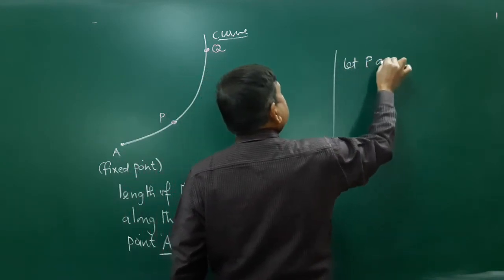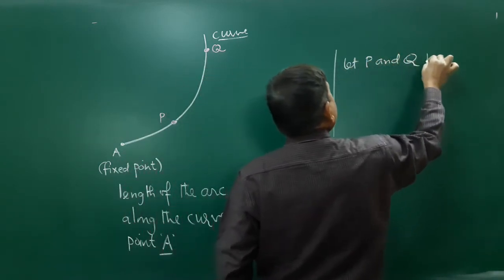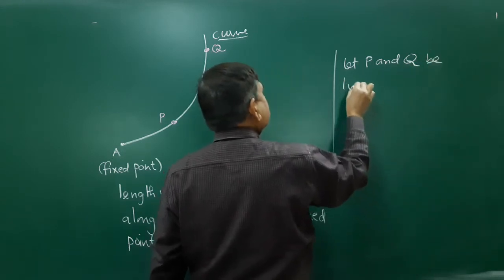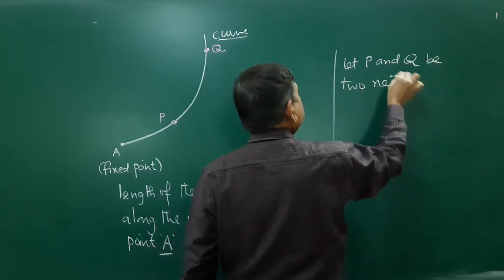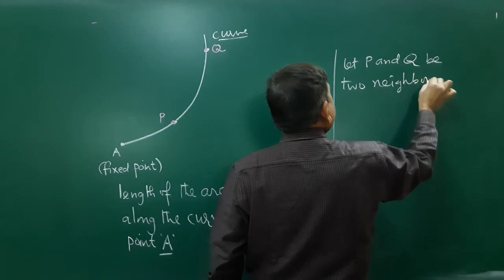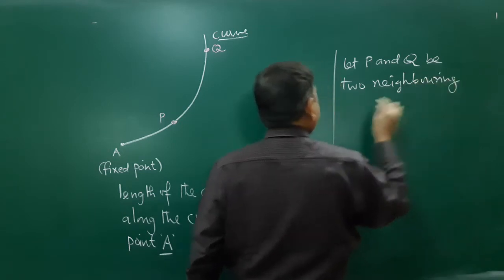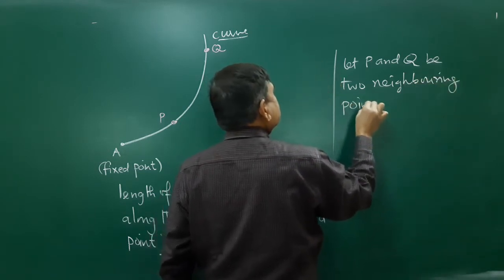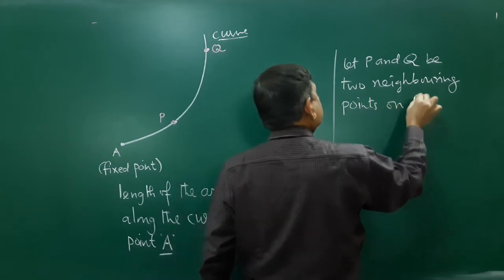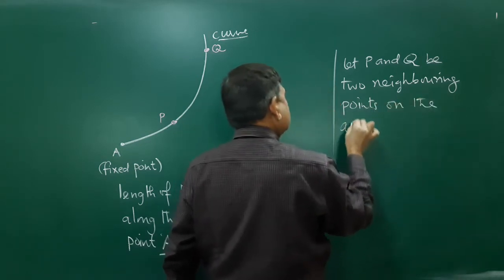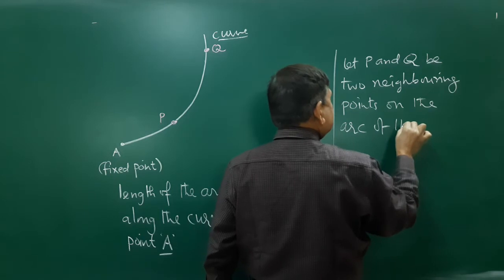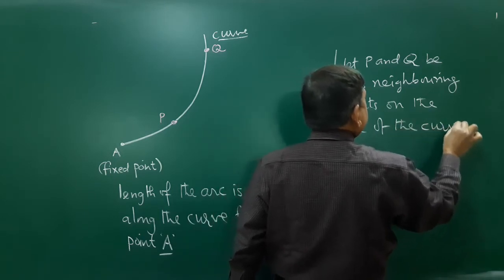Let P and Q be two neighboring points on the arc of the curve.